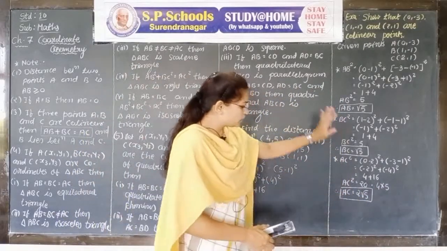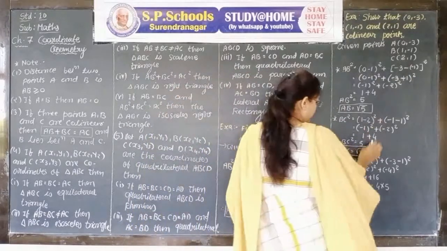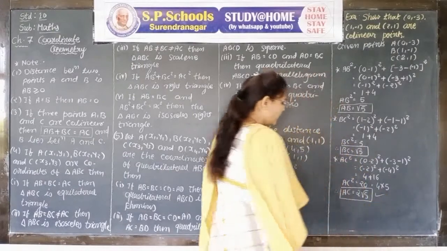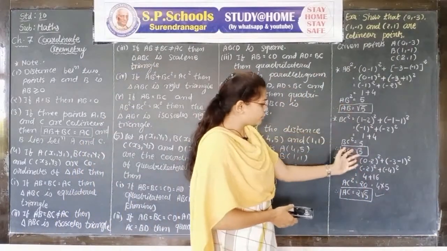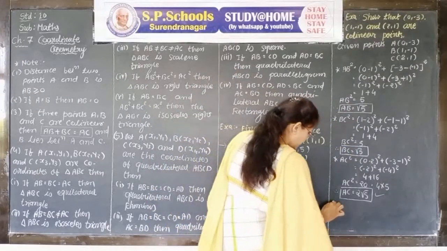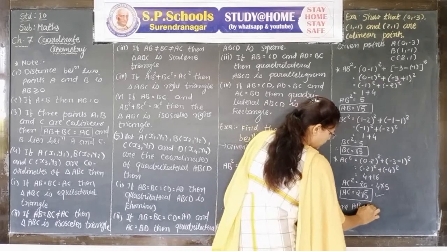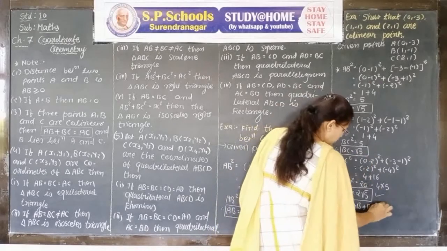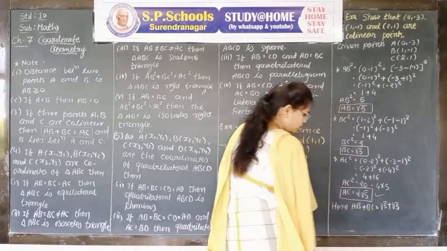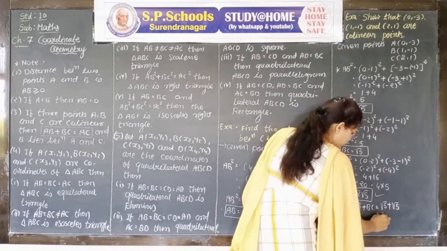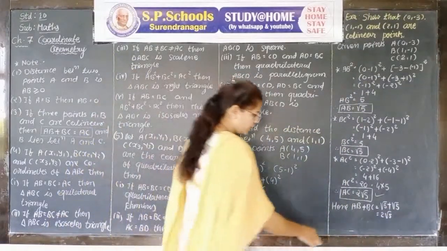Here the greatest part is 2 root 5, which is larger than root 5 and root 5, which are smaller. See, the addition of root 5 and root 5 gives 2 root 5. Then write like this. AB plus BC, where AB is equal to root 5 and BC is also root 5. Root 5 plus root 5 gives 2 root 5. Now 2 root 5 is the value of AC.